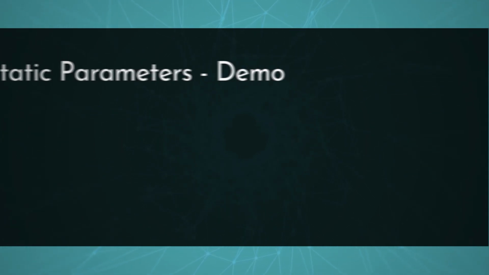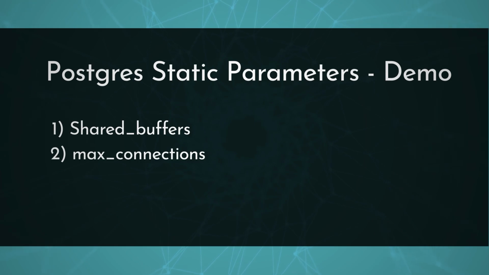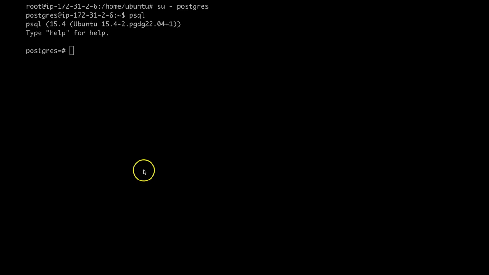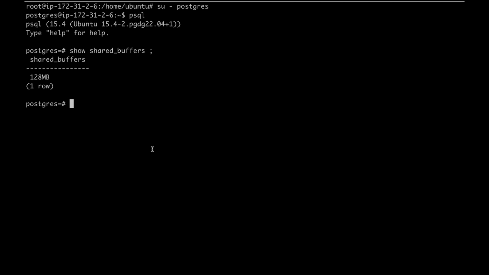Next, we're going to take a look at two static parameters, shared_buffers and max_connections, and see how to change them. To begin with, let's see what the value of shared_buffers is. Shared buffers in Postgres is equivalent to the buffer cache in Oracle, and now it is set to 128 MB.